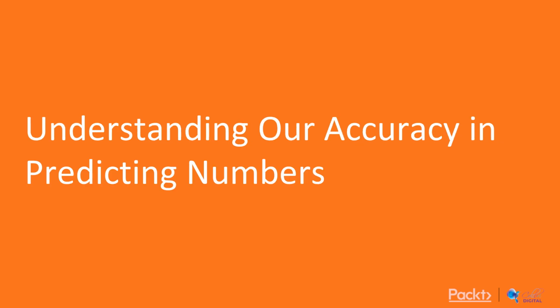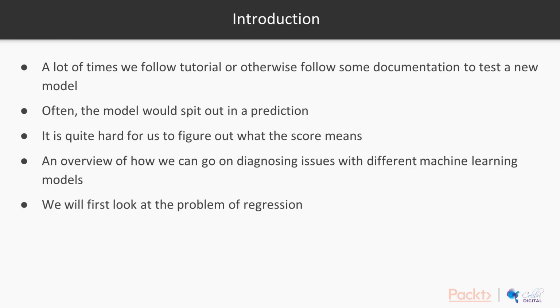In this video, let's try to understand our accuracy in predicting numbers and see how we can debug our models. So the rationale for this section is a lot of times you would follow a tutorial or otherwise follow some documentation to test out a new model. And often the model would spit out a prediction like what we've seen in the last few videos, where we basically train a model and they give us some accuracy or some scores and whatnot.